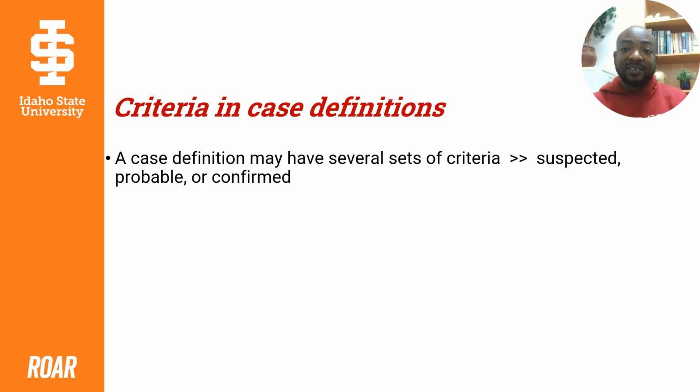A case might be classified as suspected or probable while waiting for the laboratory results to become available. And then once the laboratory provides the reports, the case can be reclassified as either confirmed or not a case, depending on the results.